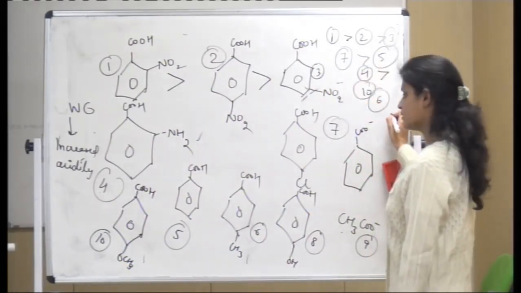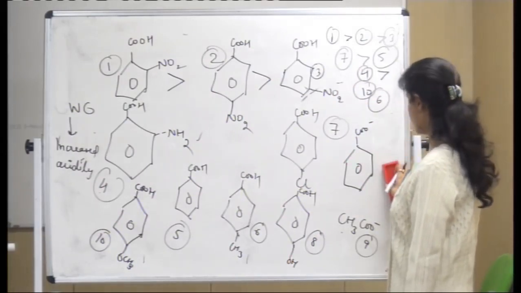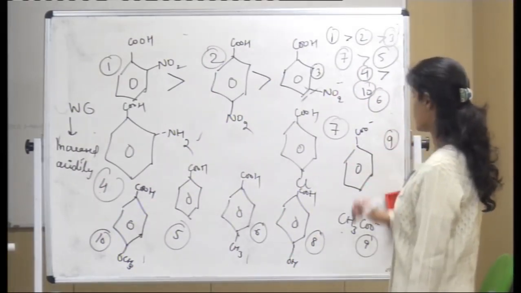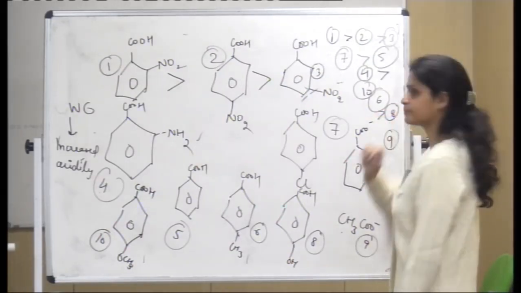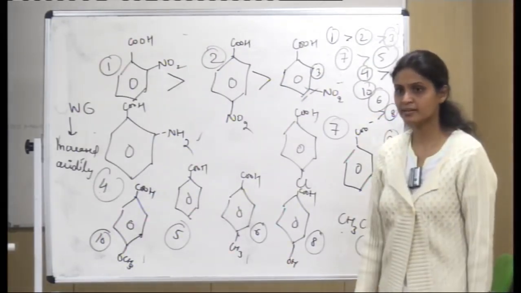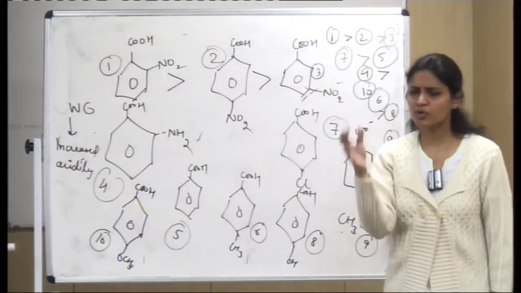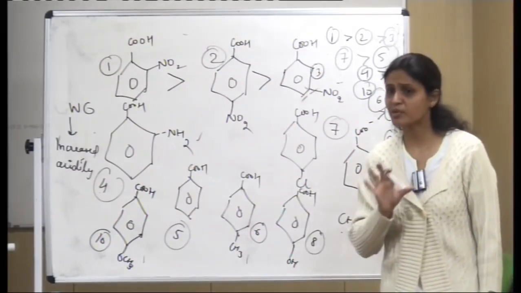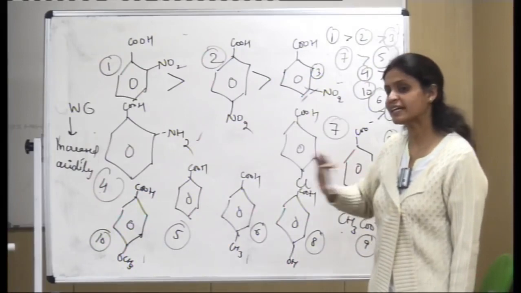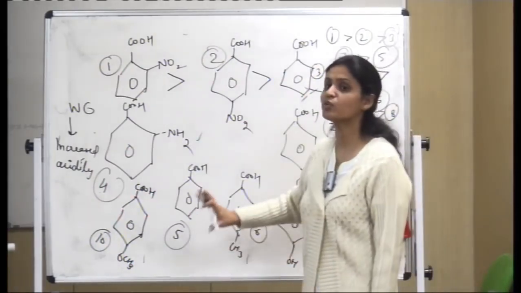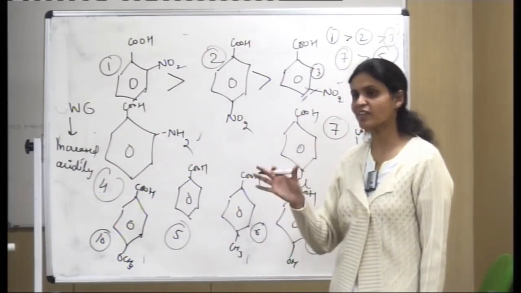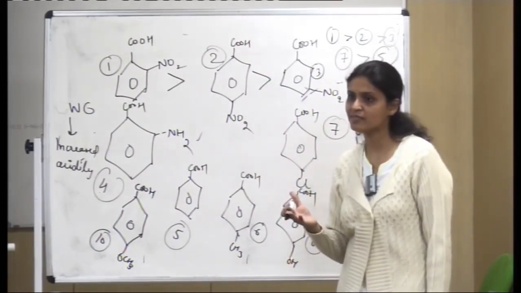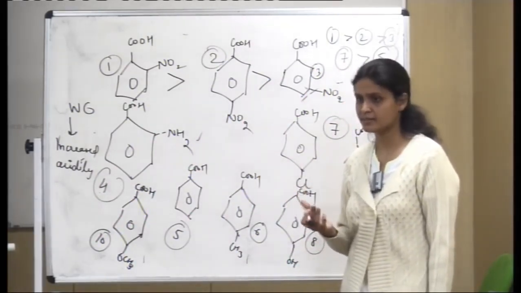Then we are left with one more. 9 is the least, 8th. Right? You should look for the correct order of electron donating group depending on the plus I effect, exact order I don't remember for now. A group having more plus I effect will have lesser acidity, right?